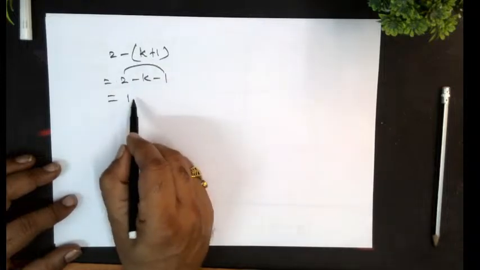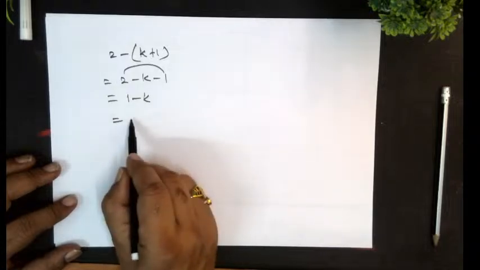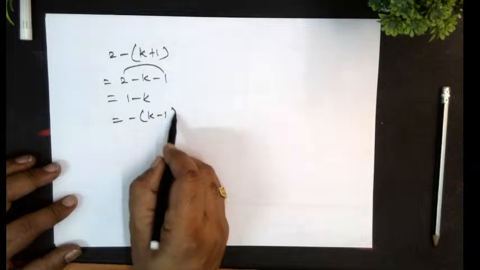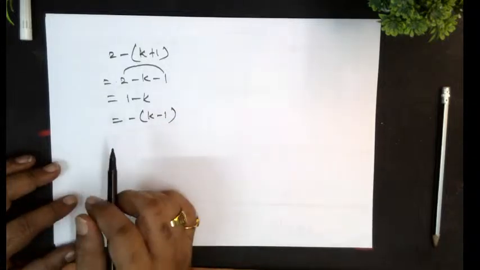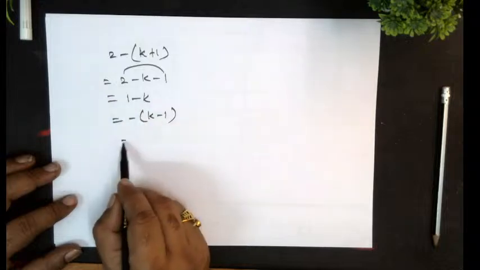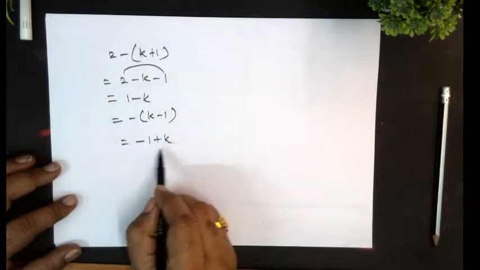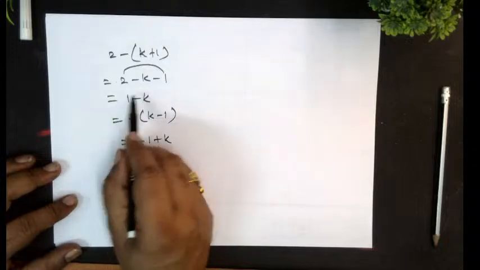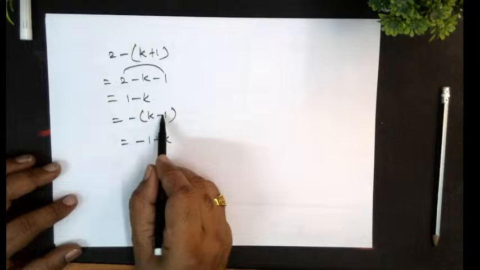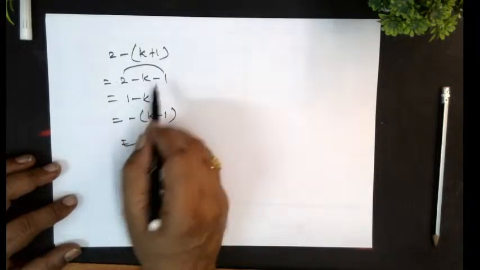Upper 1 minus K. This can be written as what? Minus of K minus 1, correct? Is it correct? Because minus of 1 minus into minus plus K, which is nothing but 1 minus K. So I can reverse this, minus of 1 minus K.